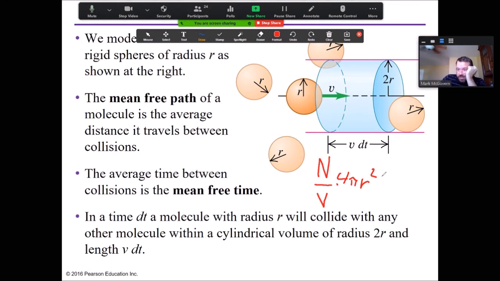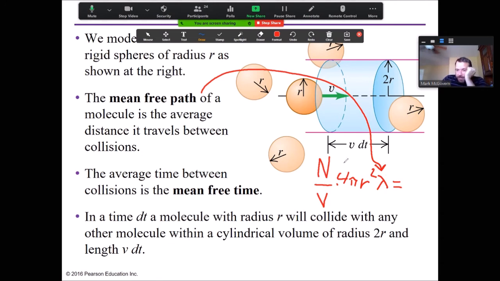In physics, for this particular application, we label this as lambda, and the lambda is the mean free path. So that quantity right there is what we call the mean free path. And the idea is that this 4 pi r squared lambda is a volume, right? It's the cross-sectional area of the cylinder where collisions can take place times the distance that's determined by how fast things are moving, and this is a density over here.